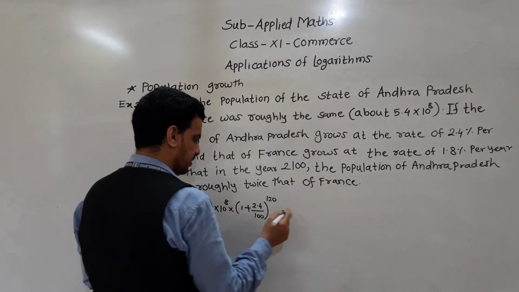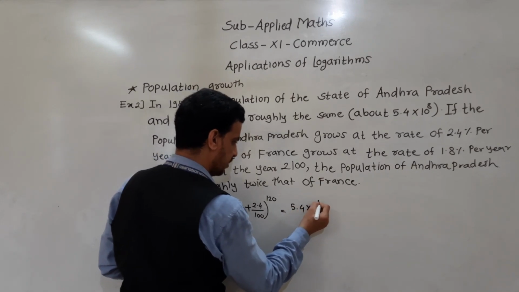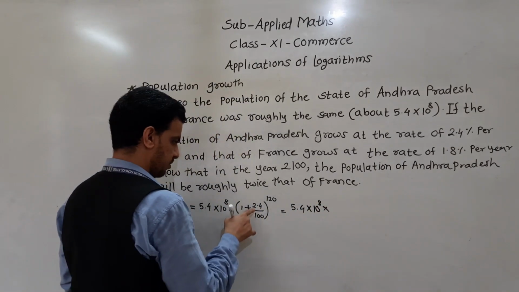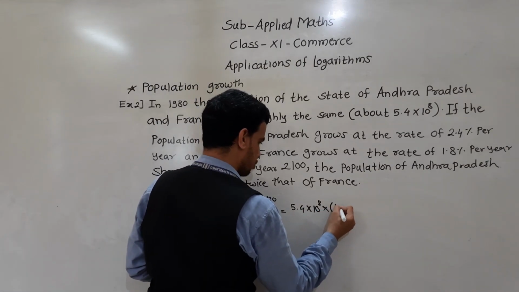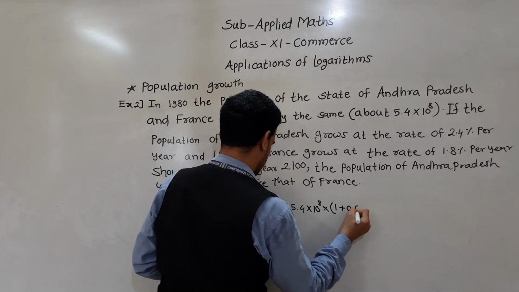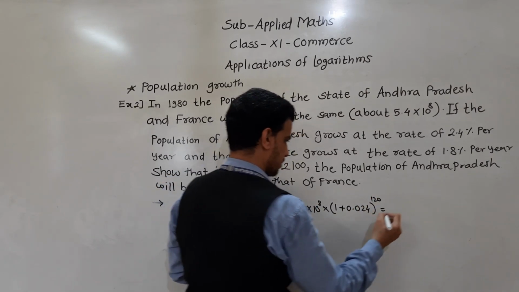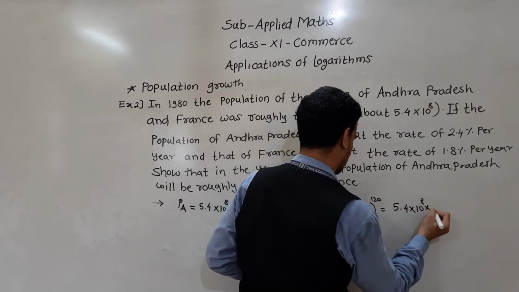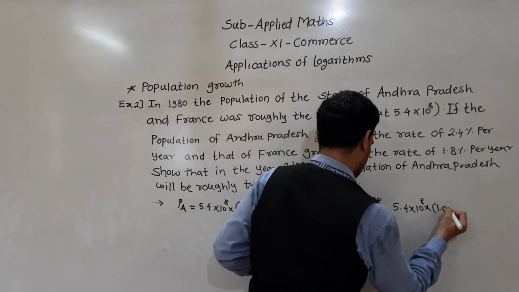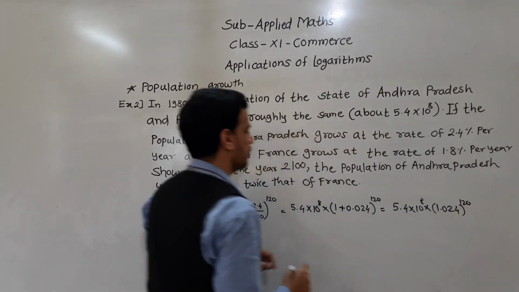Now if we simplify this, it is 5.4 into 10 raised to 8 into, decimal point shifted 2 places, 1 plus 0.024 raised to 120, so 5.4 into 10 raised to 8 into 1.024 raised to 120.